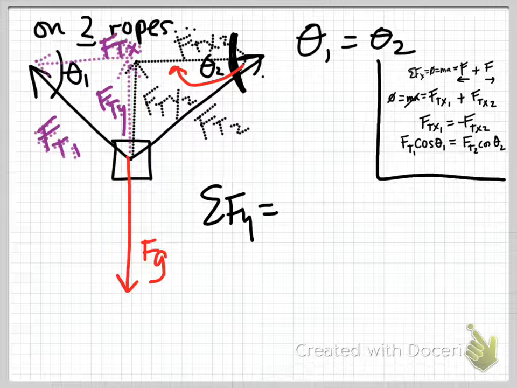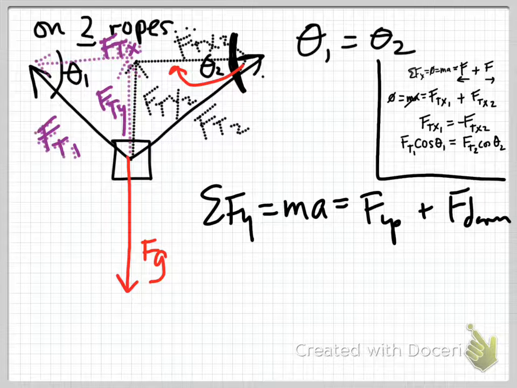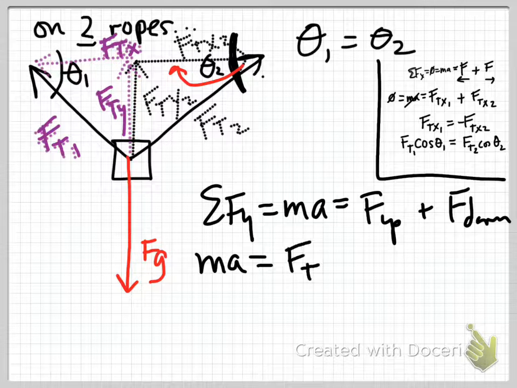And we don't know if this thing is rising or falling. We haven't been told. So we know that whatever the sum of forces on the y-axis is, that's going to be equal to its mass times acceleration on that axis, and there is none on the x. This is going to be all the forces up plus all the forces down. So, MA equals, name me a force up. FTY?